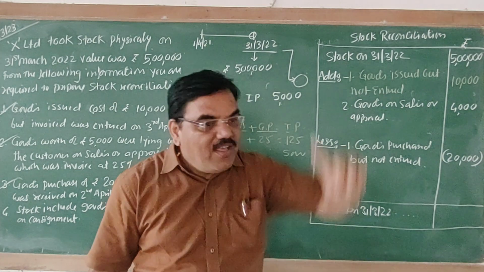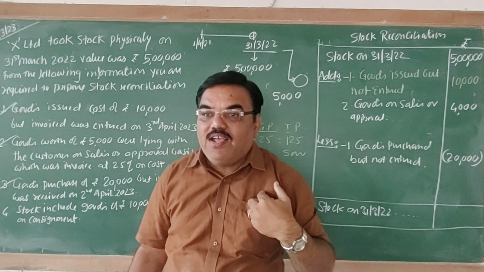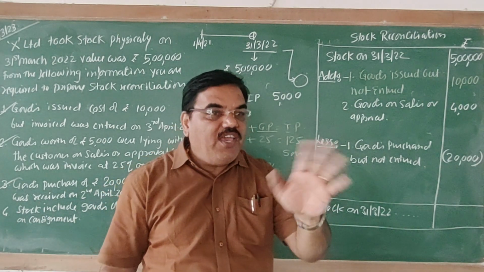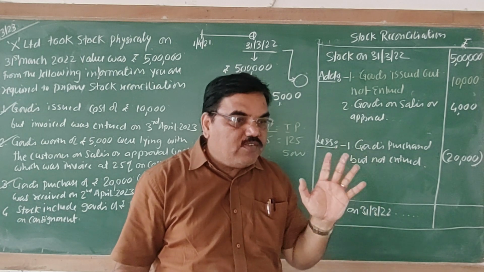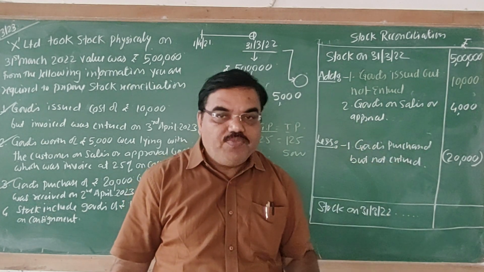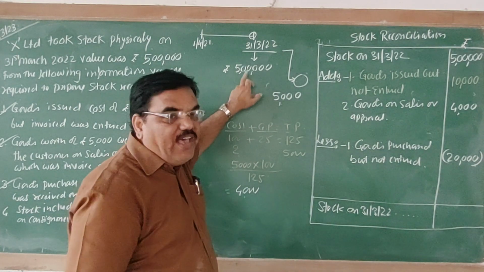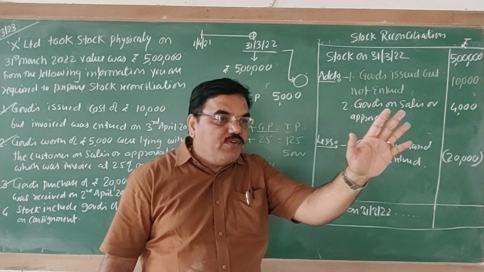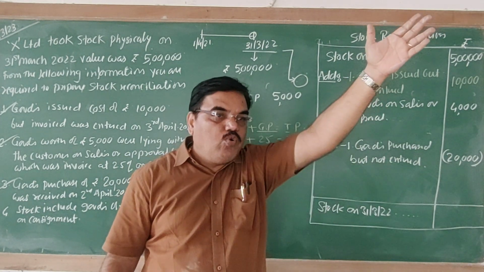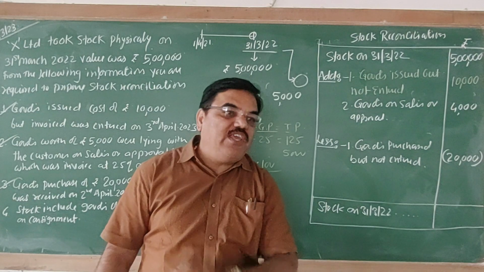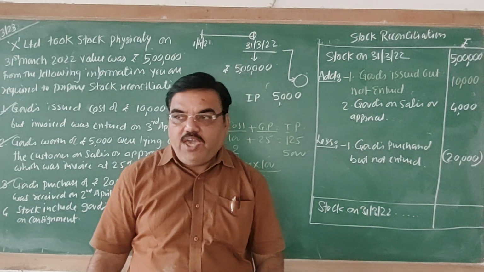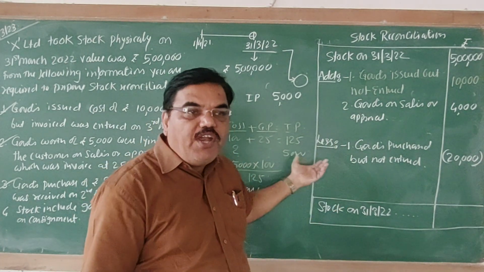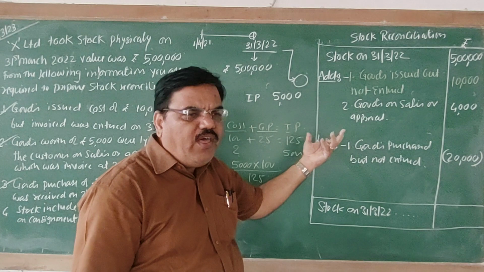Owner कौन होता है, कंसाइनर। हम लोग कौन है, कंसाइनी। कंसाइनमेंट अकाउंट में हमने देखा है कि कंसाइनी इज नॉट द ओनर ऑफ द गुड्स। हु द ओनर ऑफ द गुड्स, कंसाइनर। तो ये 5 लाख में अगर ऐसे गुड्स पड़े हुए हैं, क्या वो गुड्स हमारे हैं? वी आर नॉट द ओनर ऑफ दैट गुड्स। हु आर द ओनर, कंसाइनर। उसने भेजा है हमारे पास बेचने के लिए। ओके, सो दिस आर नॉट आवर गुड्स। so that we have to deduct. उसमें include है तो exclude करो.